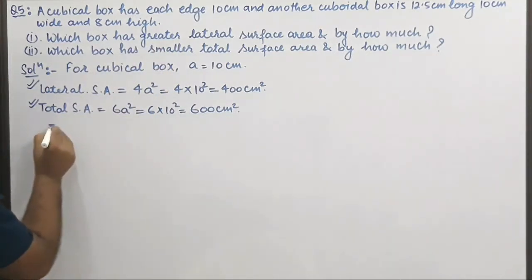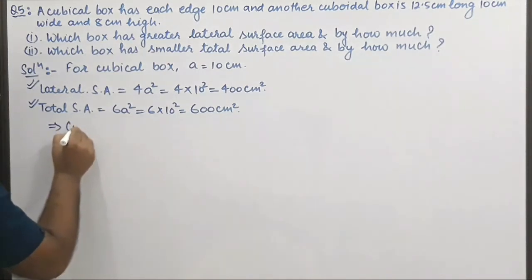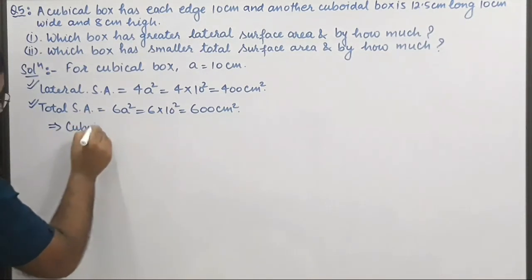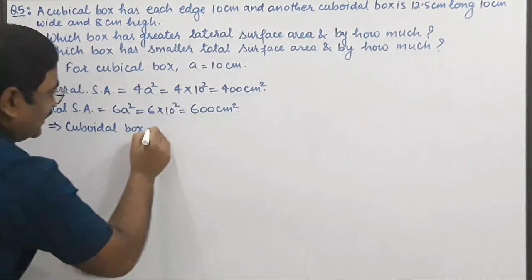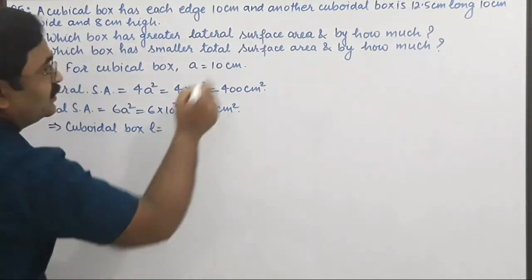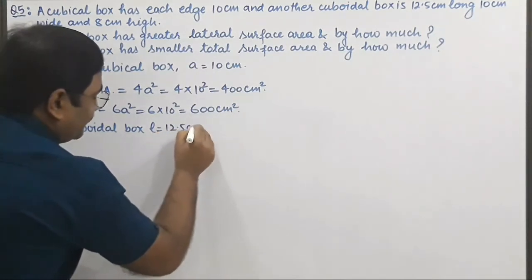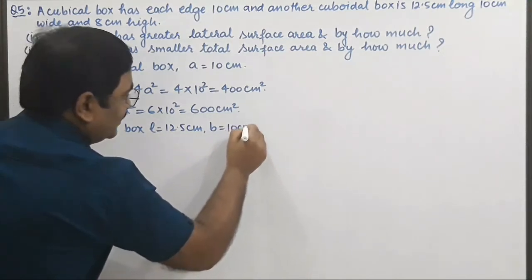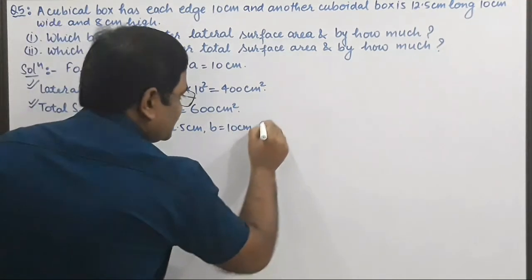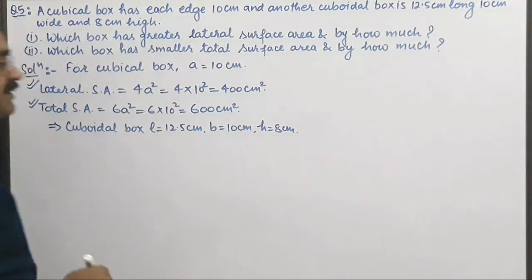So for cuboidal box, length is equals to 12.5 centimeter, breadth is equals to 10 centimeter and height is equals to 8 centimeter. Okay, so find its lateral surface area.